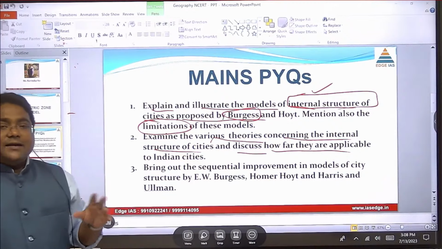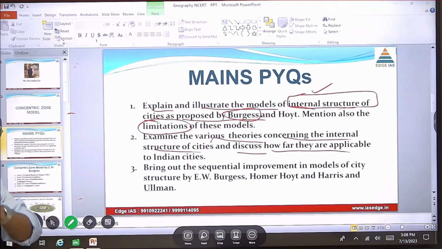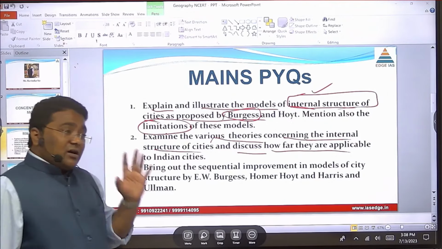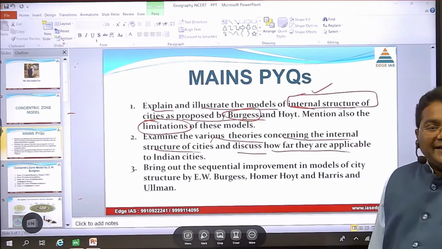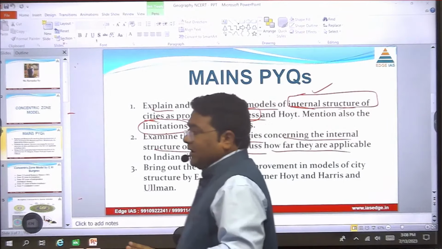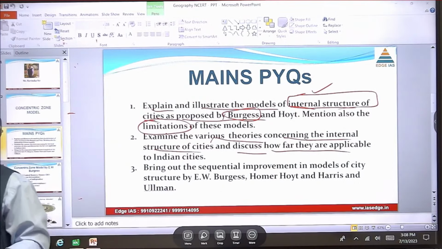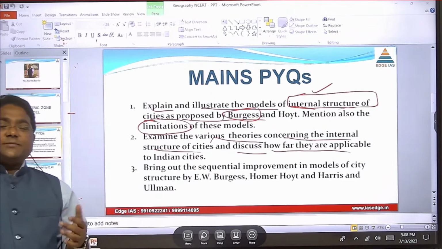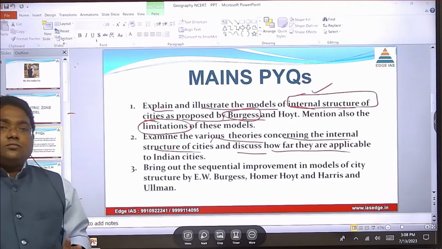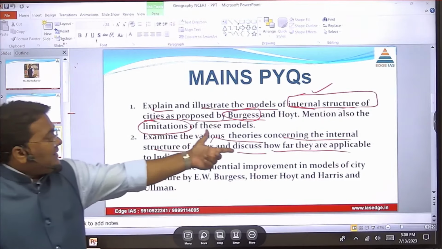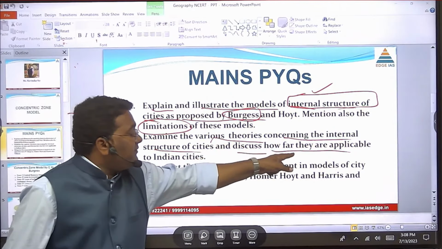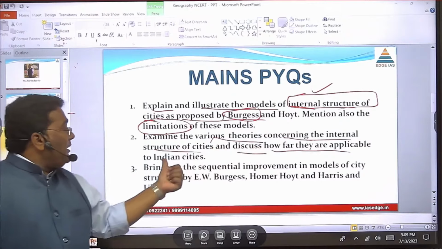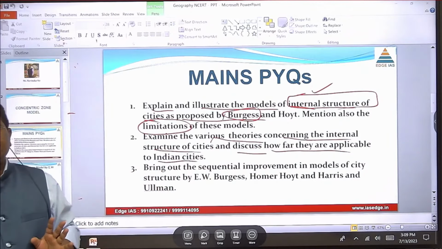I was explaining that for any theory proposed by any author, try to connect it to the Indian context: whether it is applicable to India or not, and if it is, what the shortcomings are, the positives and negatives, and what steps can improve the theory. Here the question demands how far they are applicable to Indian cities.